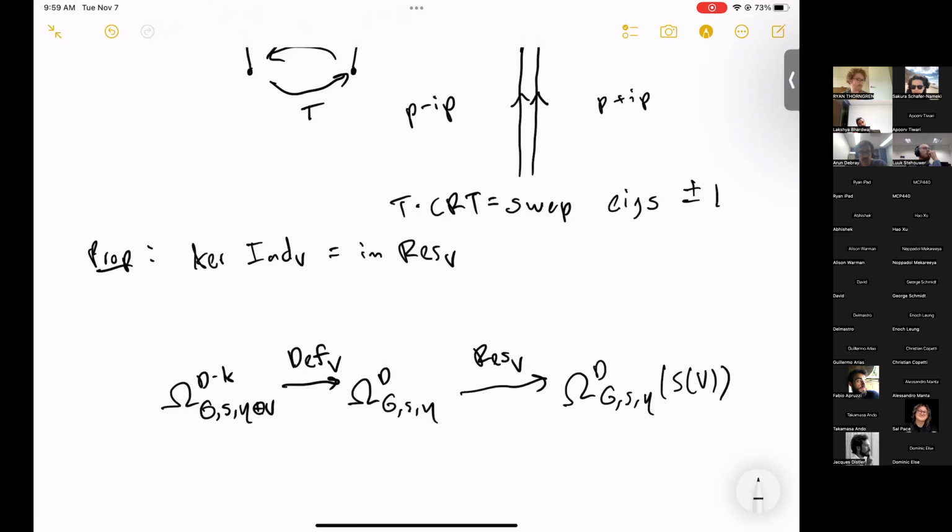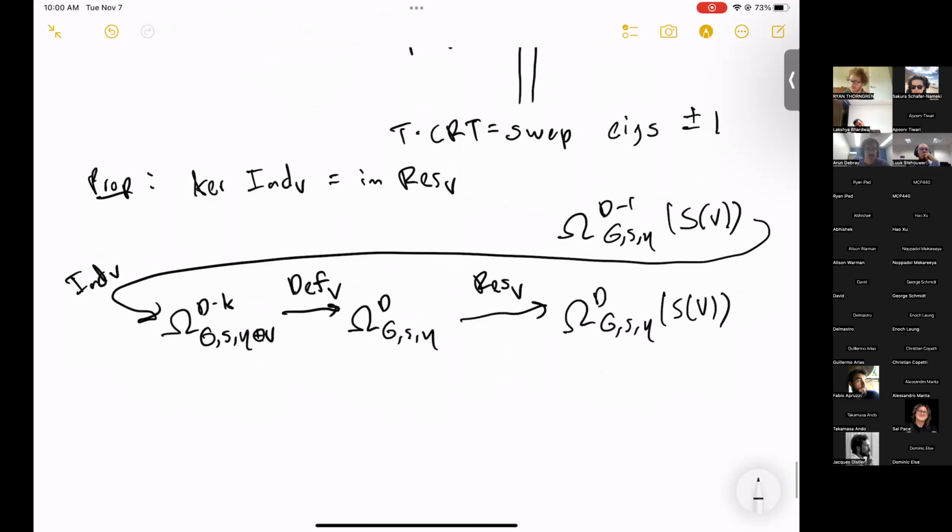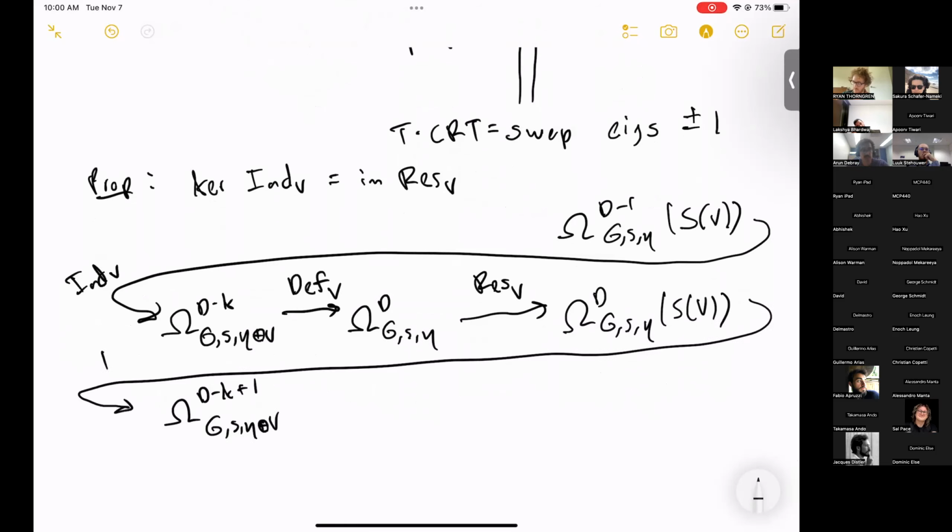And meanwhile, we have the index map that gives the ambiguity, and I'll draw this guy up here because it's the same group, but just with a dimension shift. So the index map comes around here, and its image is the kernel of the defect map. And things just keep going. G minus K plus 1, GS eta plus V. You have another index map coming around here.